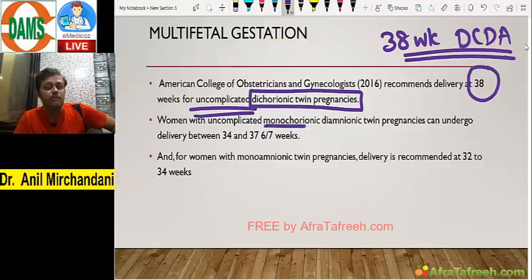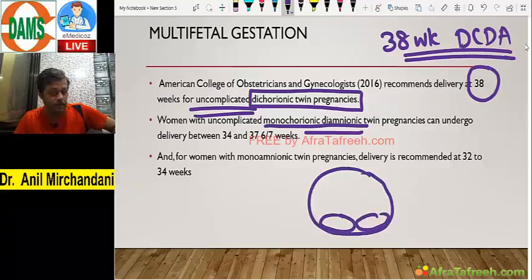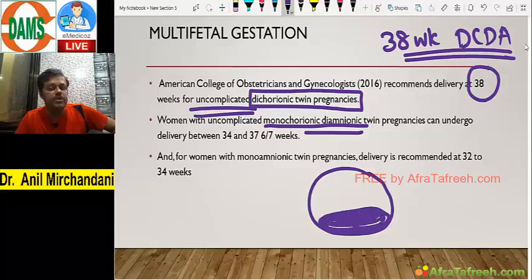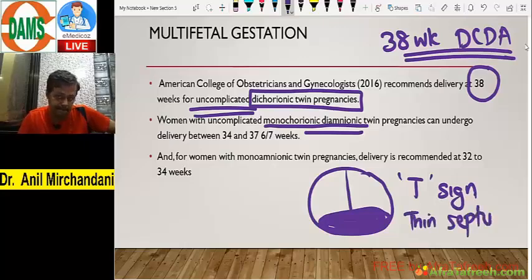If it is monochorionic diamniotic, how will you know that it is monochorionic diamniotic? There would be one placenta and there would be two amniotic sacs. So sonography would show the T sign, thin septum.